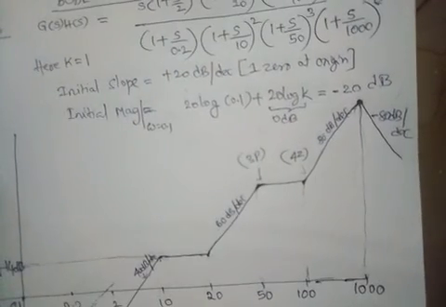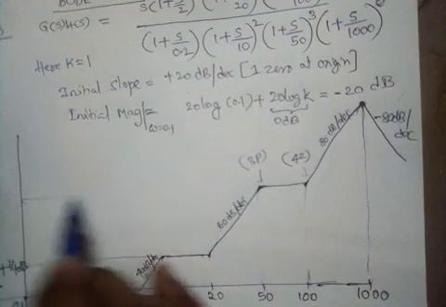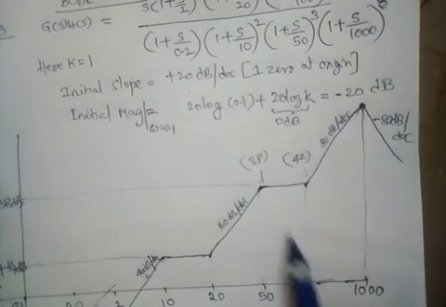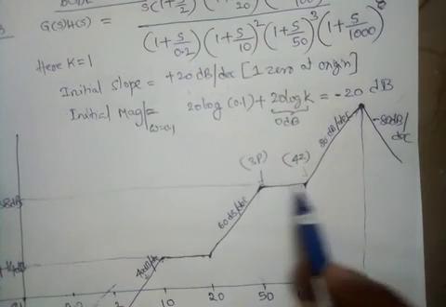So magnitude at 50 corner frequency is 38 dB. Same magnitude is carried out up to omega is equal to 100 because slope is 0.